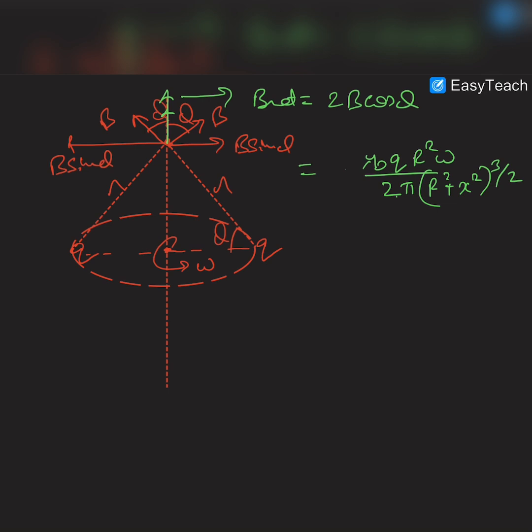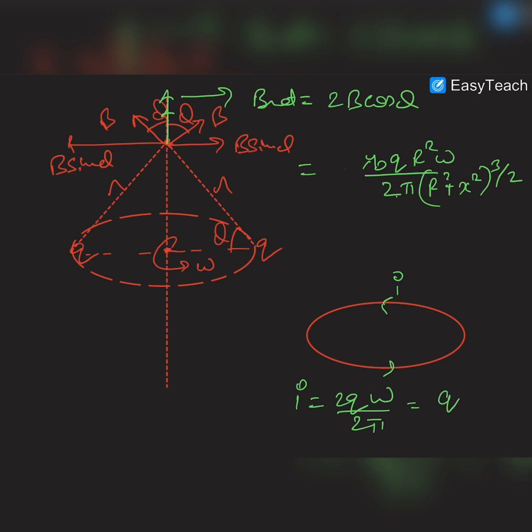Okay, and now if we use the analogy of current, so if we consider them as a current carrying loop, then the current flowing in this loop will be I, and I will be equal to 2q, because there are two charges which are revolving in this loop, 2q omega by 2 pi.